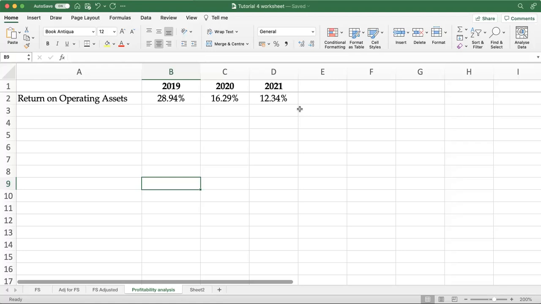So this is not analysis. Remember, explaining the changes in a ratio is not analysis. Now that you have to remember. The analysis is finding reasons for the change.